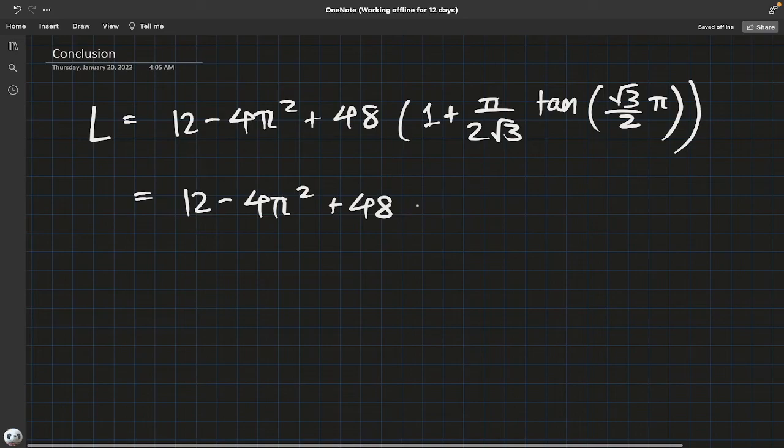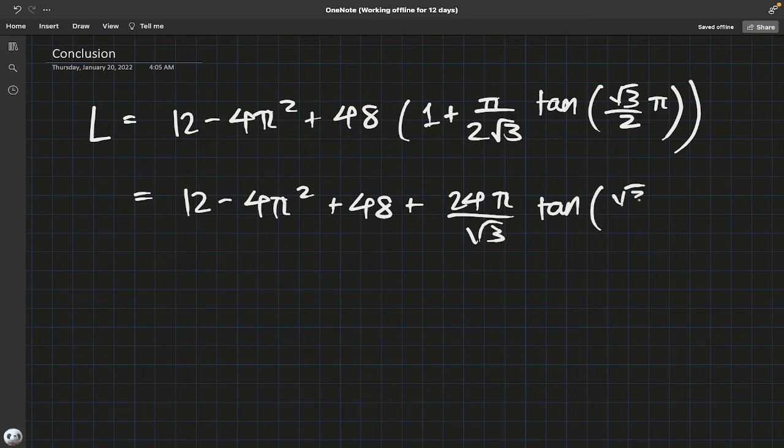We have a 48, 24 pi over root 3, tangent of pi over 2 times square root of 3, and just simplifying, we have 60 minus 4 pi squared. Well, this is 8 times 3.